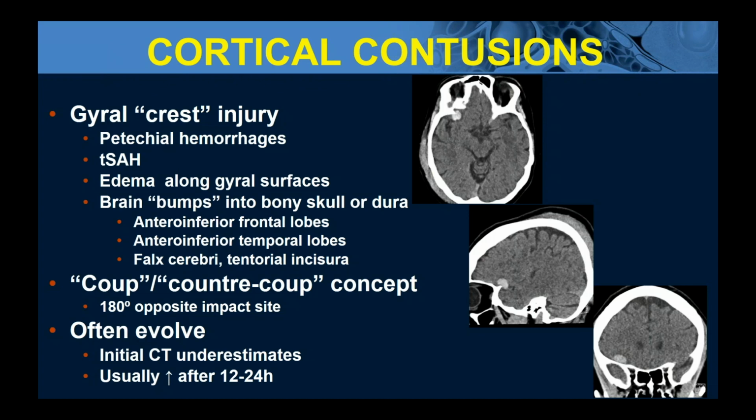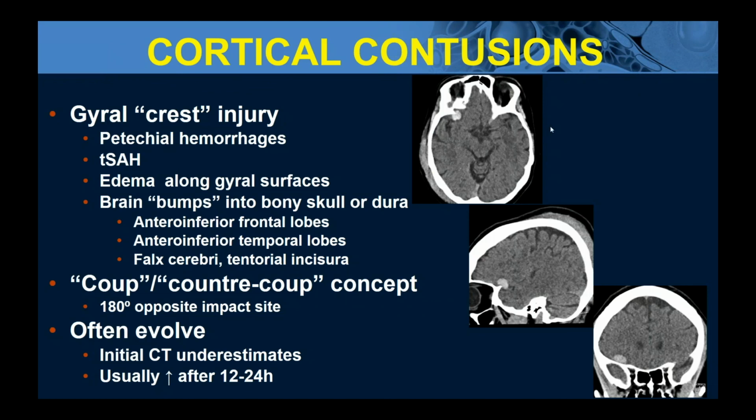One concept that we typically talk about, you'll hear this, people will talk about the coup or the blow site. So in this particular patient that we're looking at, the blow was on the right side and over the top of the brain. And what you look for now is to see not just lesions that are adjacent to this, but 180 degrees opposite.